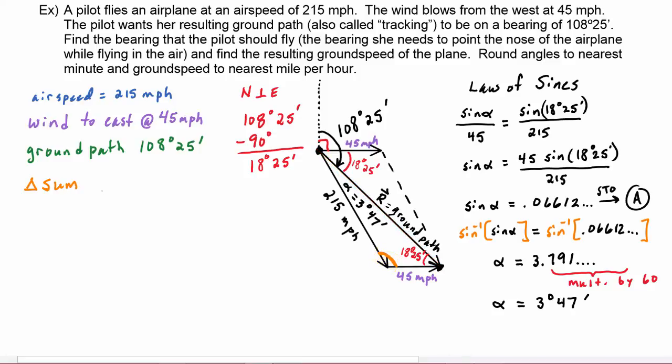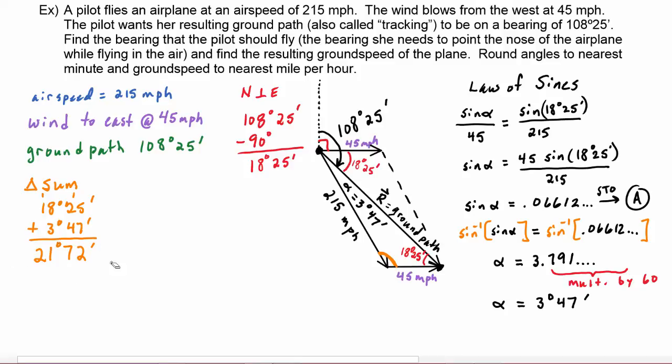We know that we have 18 degrees 25 minutes, plus 3 degrees 47 minutes. Now if we add those, 5 and 7 gives us 12. Carry the 1, we get 4, 6, 7. So that's 72 minutes. 8 plus 3 is 11. Carry the 1, 1 and 1 is 2.